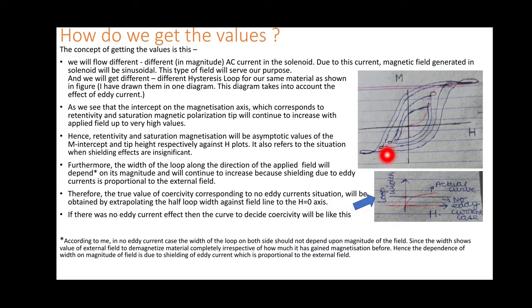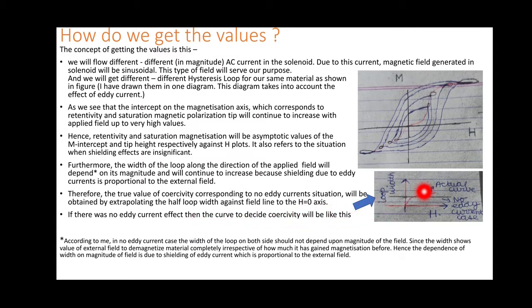So for all types of magnetizing external field, the field required to demagnetize the material should be the same. Hence, the dependence of width on the magnitude of field is due to the shielding of the eddy current, which is proportional to the external field.